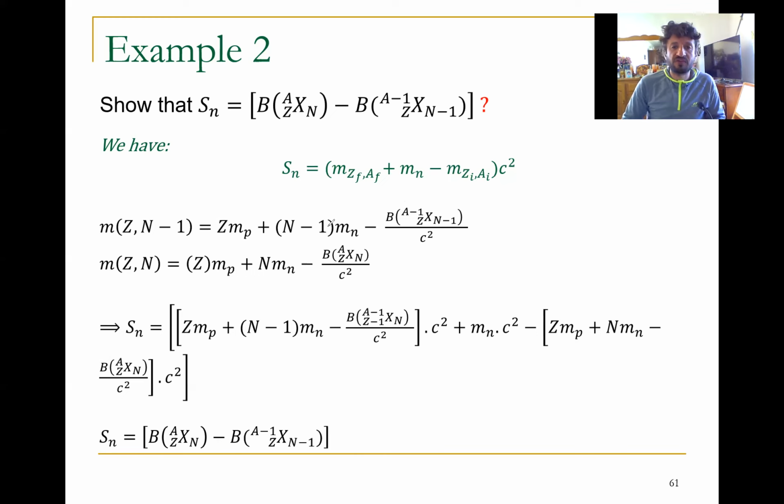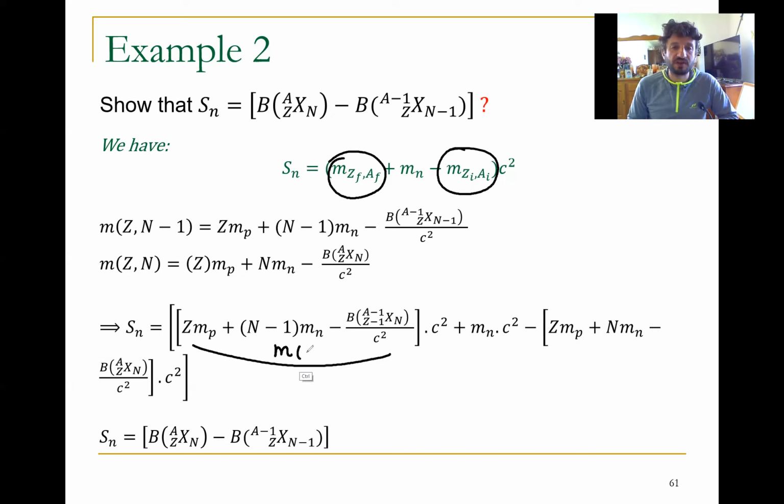We put the value of m final and m initial. We get this expression. Here we have m final, the nuclear mass final, and here we have m initial.